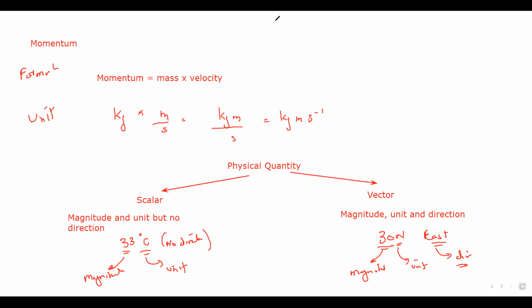So I want everyone to participate and state the quantity. For example, time, scalar or vector? So time is a scalar quantity. You can use the screen annotation and type scalar in front of time.